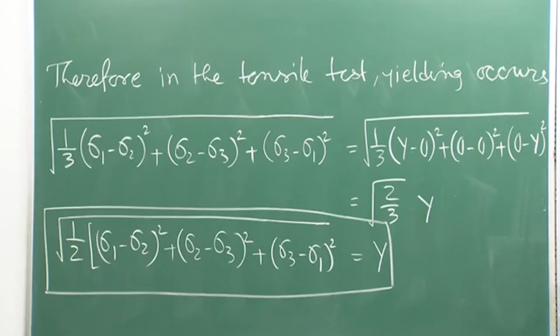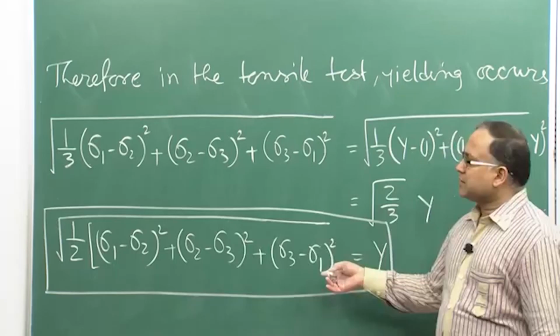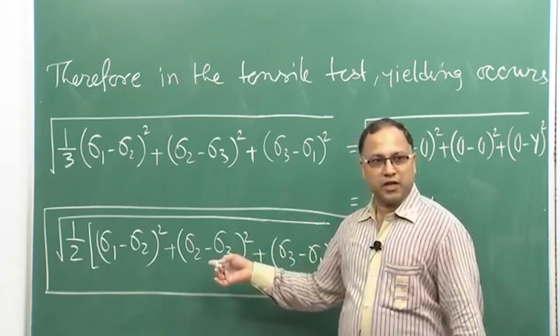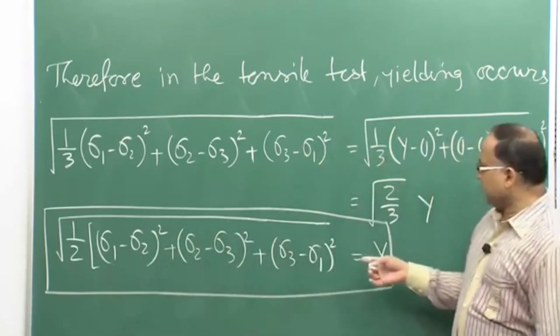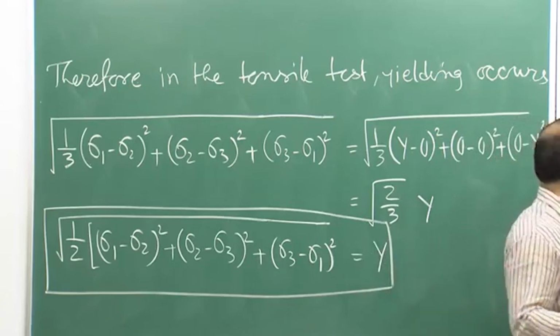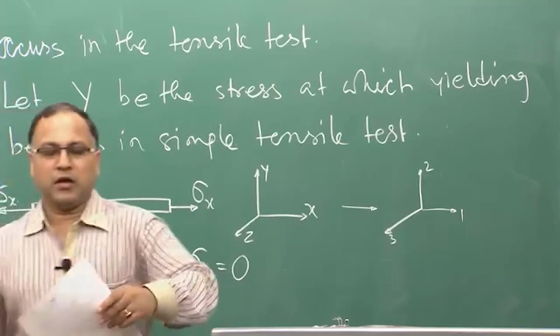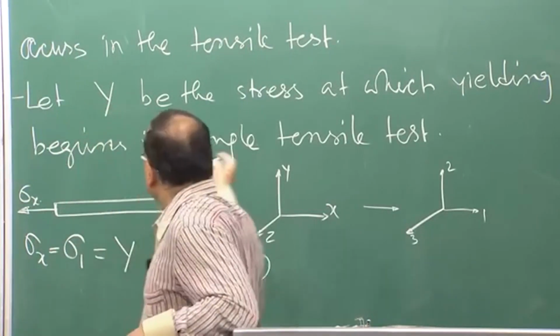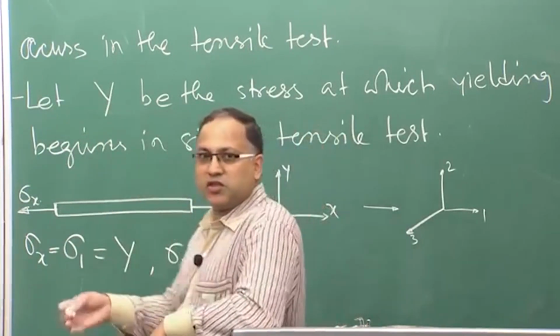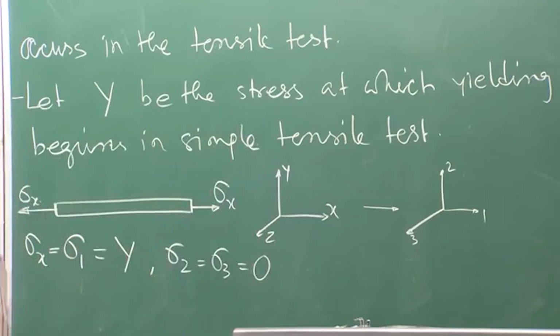For the combination of sigma 1, sigma 2, sigma 3, if you arrive to this situation, okay, where this left hand side is becoming equal to y. What is y? y is nothing but that is the stress at which your yielding starts, okay, in case of simple tensile test.